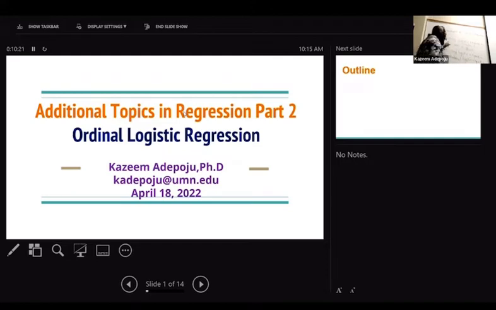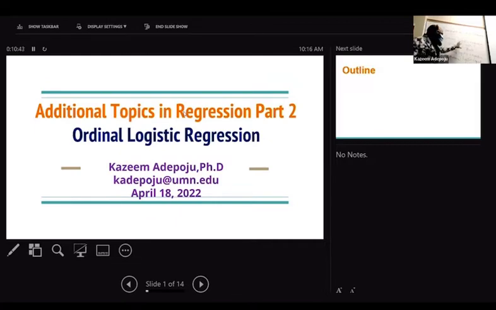Look at it. This is binary, like binomial, having two levels. But for multinomial, that's when you have more than two levels. At times, the response variable could have more than two levels, and we call that multinomial. When it is more than two levels and it is not ordered, we use a multinomial.